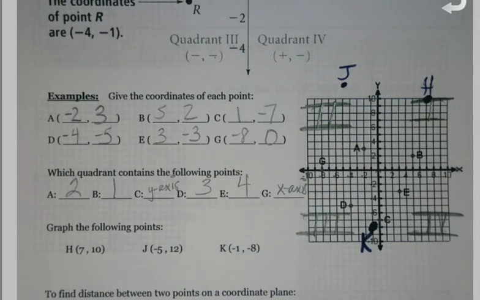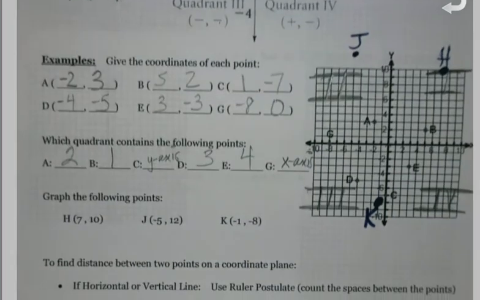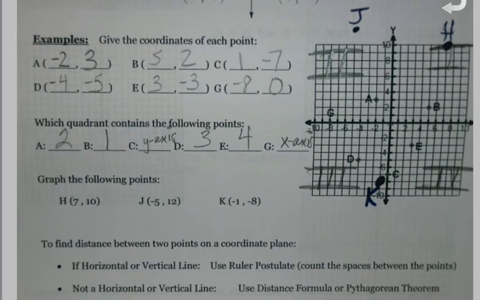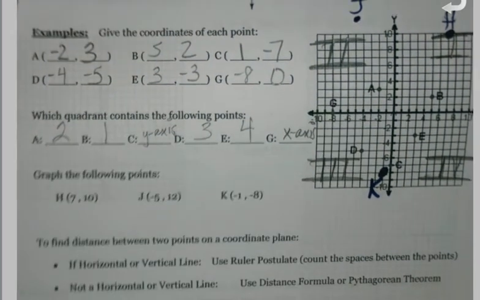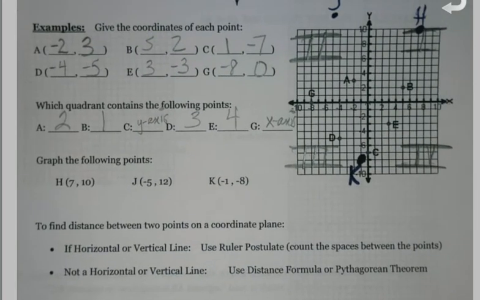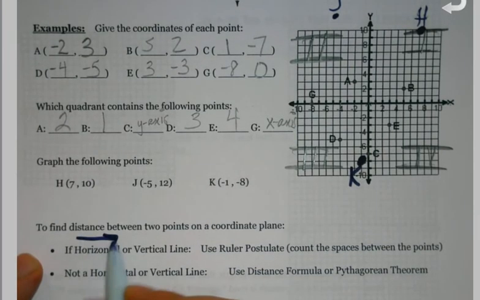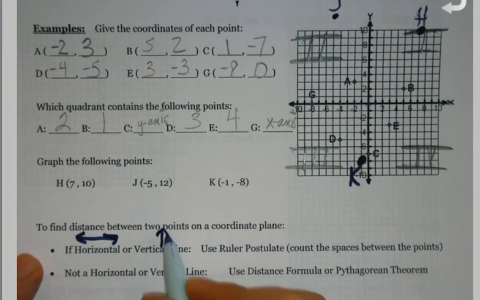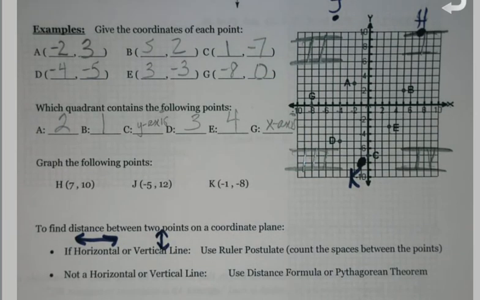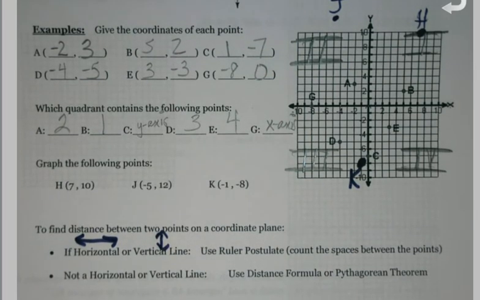So then I can use that knowledge to do the next two things we're going to talk about. Now when we're looking to find distance, I'm going to show you two ways that you can do it today. Well, technically there's three, but there's two main ones. If it's a horizontal or a vertical line, and again, horizontal is just side to side, vertical is going to be up and down, we call it the ruler postulate because I can just count how many squares or how many spaces there are between the points.